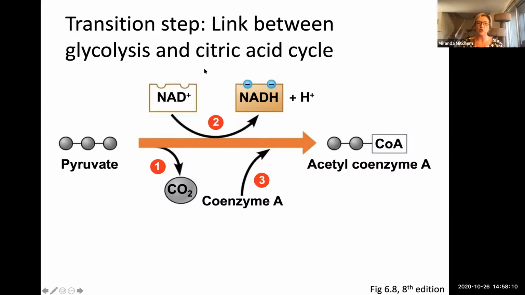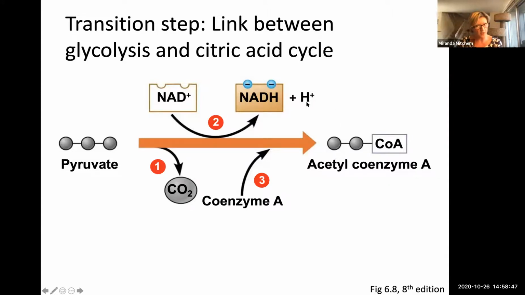Okay, so let's look at that transition step. We're just looking at 1 pyruvate here, but we have 2, so it has to happen twice. Each pyruvate has 3 carbons. The first cleavage takes off one of the carbons and releases it in the form of carbon dioxide. So actually, we do need oxygen here to do that. And then we have the reduction of NAD plus that occurs when the electrons are loaded into it, reducing NAD plus into NADH.